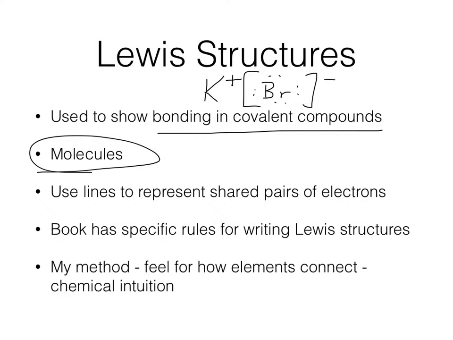I prefer my method because I think it helps you get a chemical intuition, sort of an idea as to what atoms are going to tend to do when they're bonded to other atoms. Because there is a definite tendency on the way these things interact with each other. So my method, we'll start off with the rules, and I use air quotes because they're really not rules.